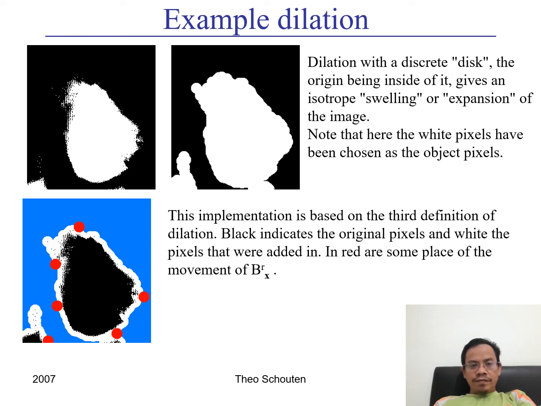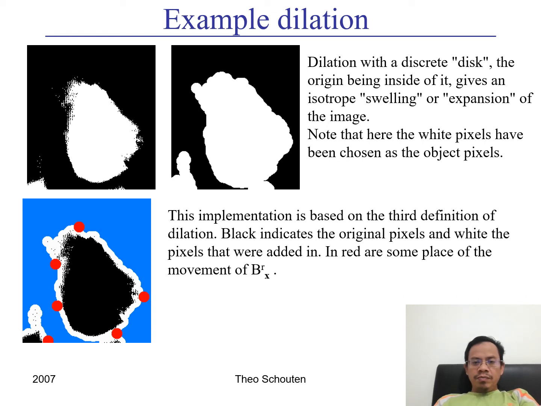So we have our image, and then we perform a dilation, then we get a good shape, good edge compared to the original image, and we remove all the noises. Dilation with a discrete disk, the origin being inside of it, gives an isotropic swelling or expansion of the image. Note that here the white pixels have been chosen as the object pixels.